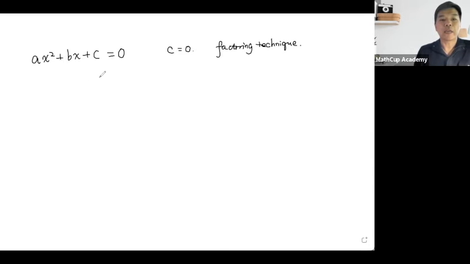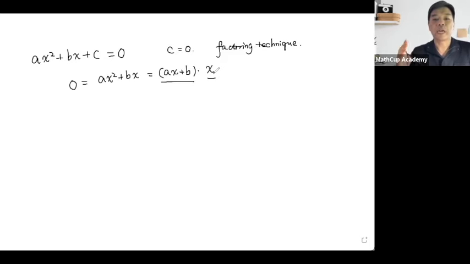It works by factoring ax squared plus bx into (ax plus b) times x. So for this quadratic equation equals 0, we know that one of the terms, ax plus b or x, has to be 0. So we get the two solutions for x, and these are the only solutions for the quadratic equation.